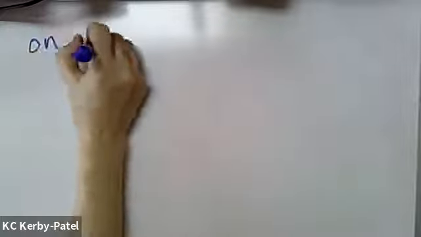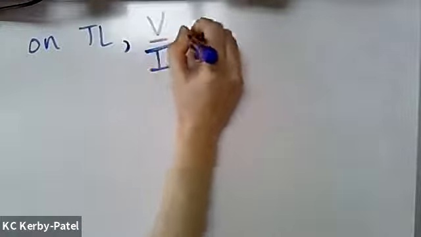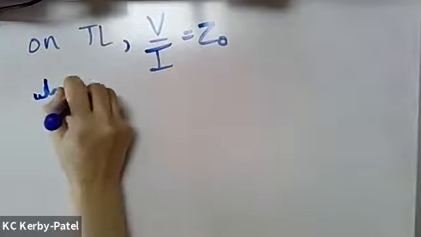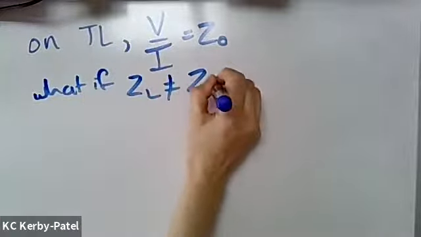But what if the load has some other impedance value? So on the transmission line, V over I is equal to Z naught. What if the load impedance does not equal Z naught?